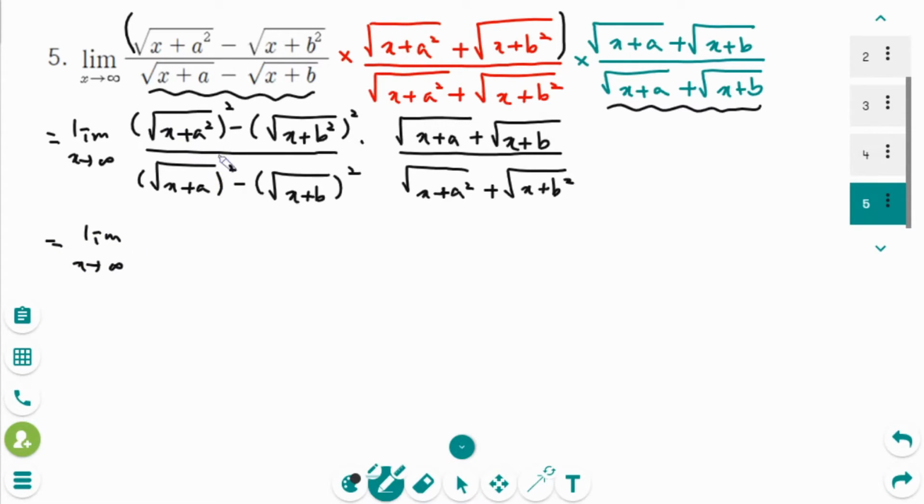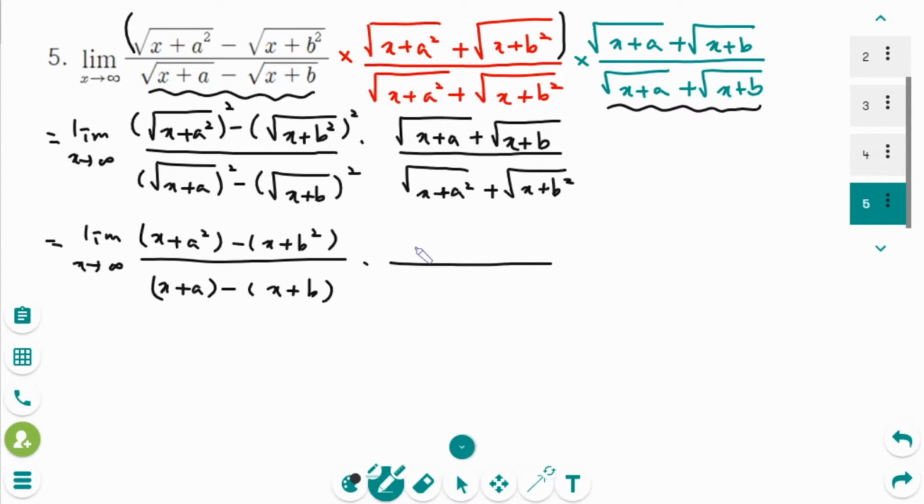And then simplify. This one equals x plus a squared minus x plus b squared over x plus a minus x plus b times the same. And then simplify this one.